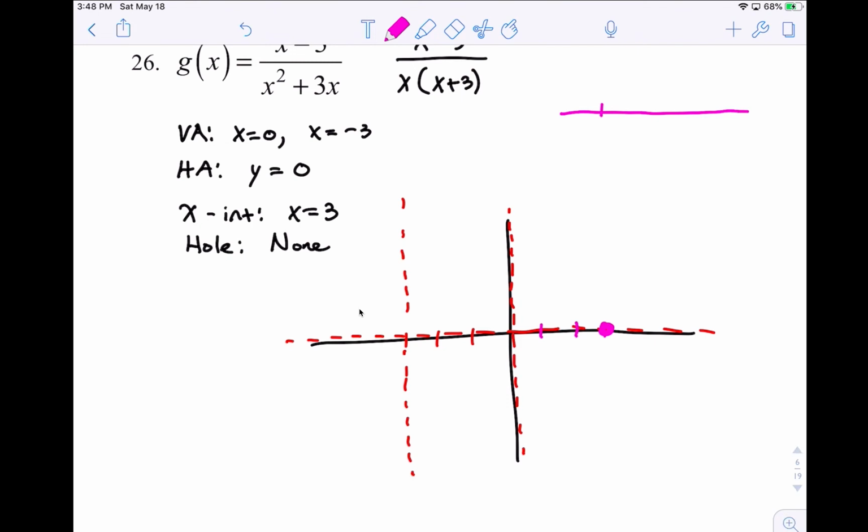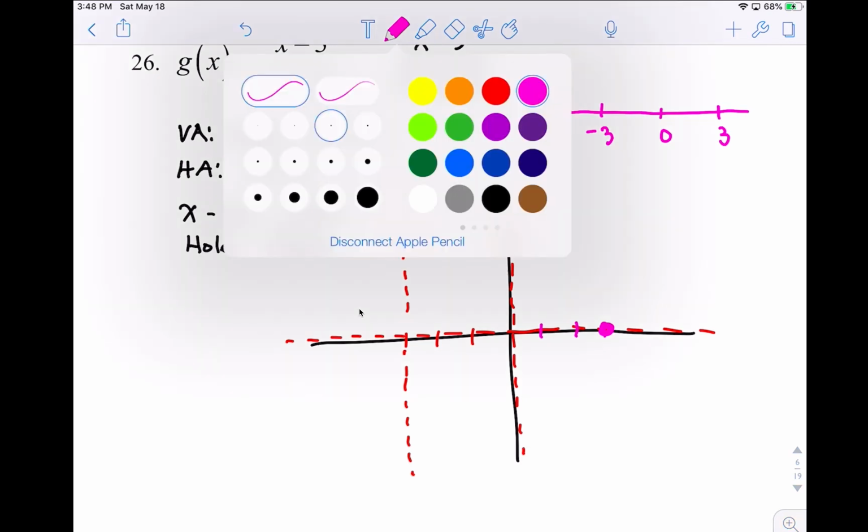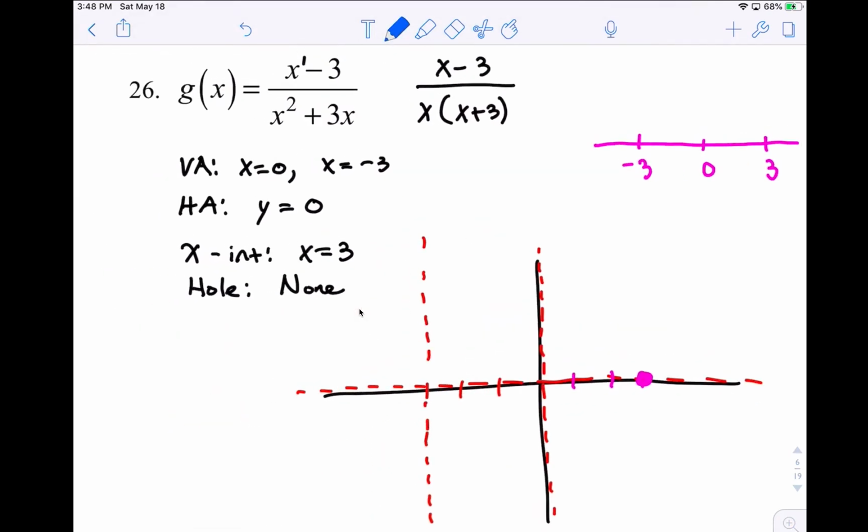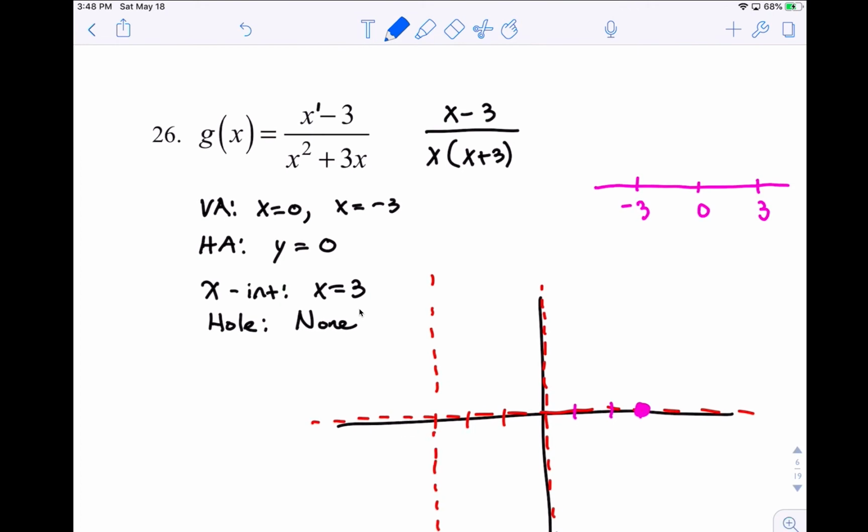So do your asymptotes: -3, 0, and then your x-intercept, which was 3. Okay, so if I plug in -4, I'm going to get -4 minus 3 is -7, over -4 times -4 plus 3, that's -1.